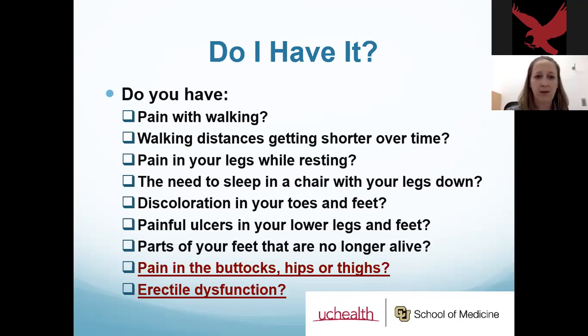If you have hip and buttock pain and you have this deep, deep ache in your pelvis, and if a gentleman is experiencing erectile dysfunction and has for some time, the level of blockage is 1 degree higher. So then again, we think about aortoiliac occlusive disease being above the level of the groin and pelvis and more up in the upper abdomen. So the blockage is always 1 degree higher than the issue. Next slide.